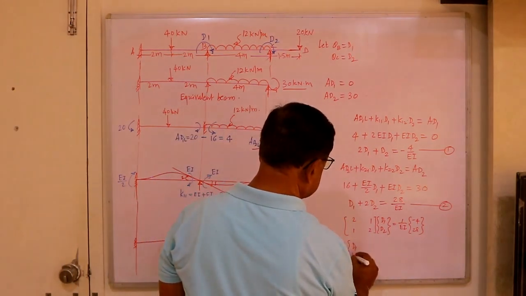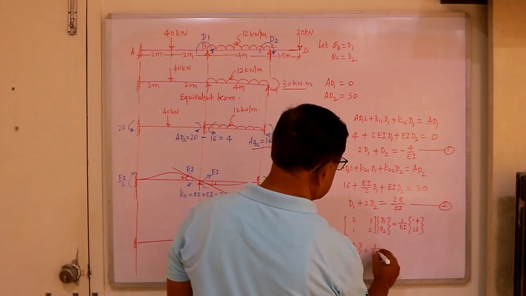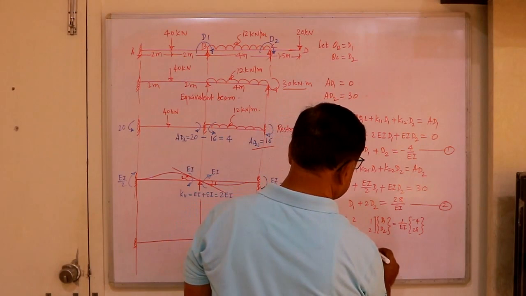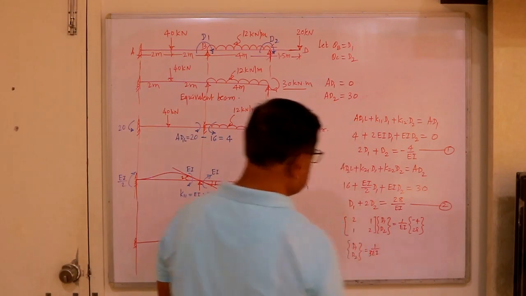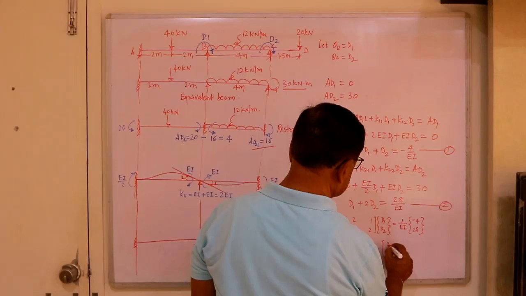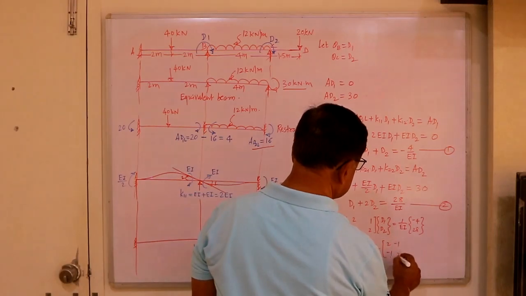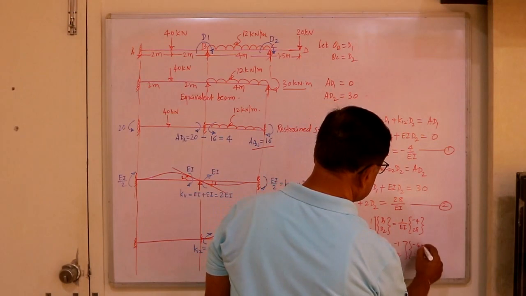D1 D2 is equal to 1 upon EI, and solving this, the inverse becomes 1 by 3, then 2 minus 1 minus 1 2, and this is minus 4, 28.